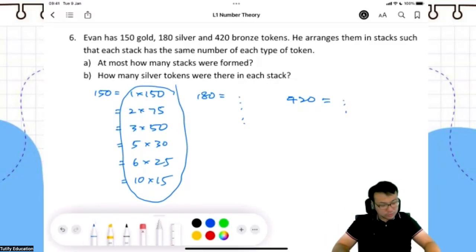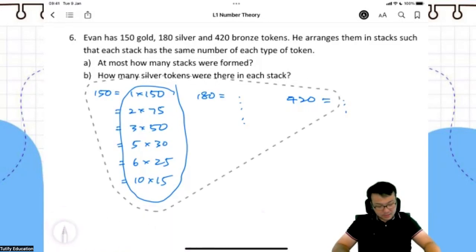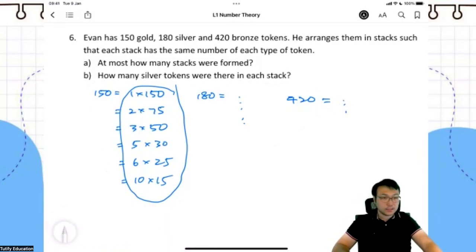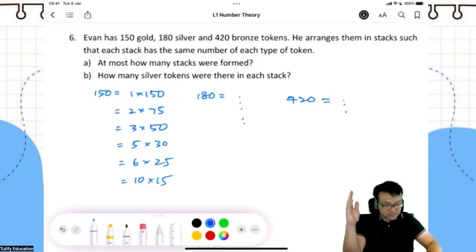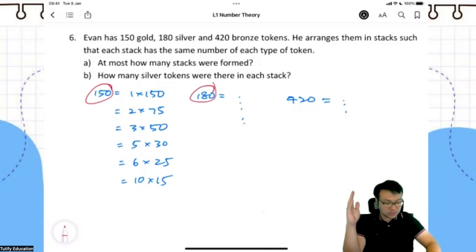So what I want you to do is this. We're going to do a shortcut. Can I ask Kate? Kate, do you think I need to write down everything for 150, 180, and 420? No. This is what students will usually do, right?